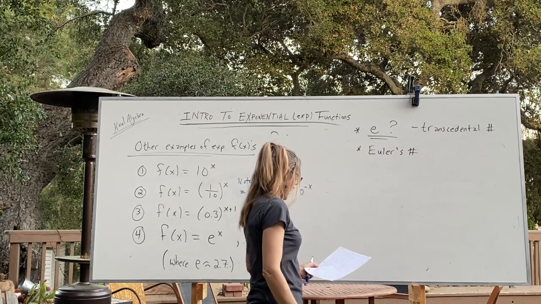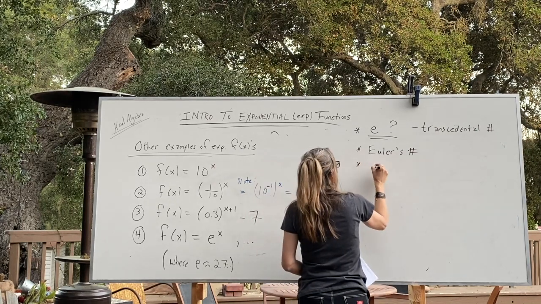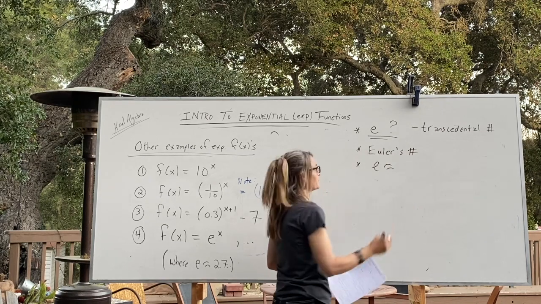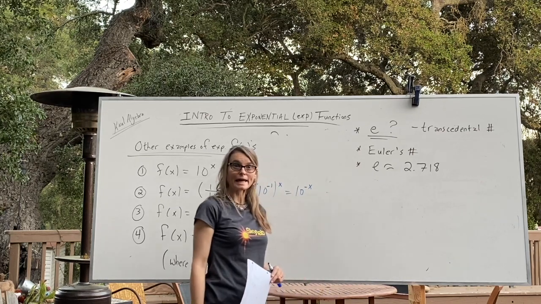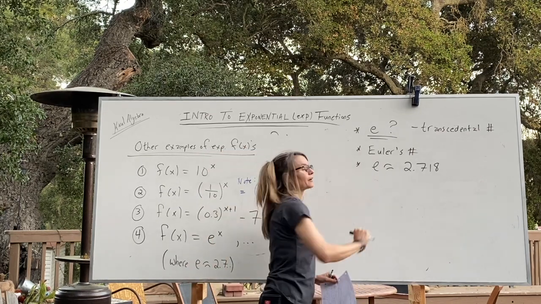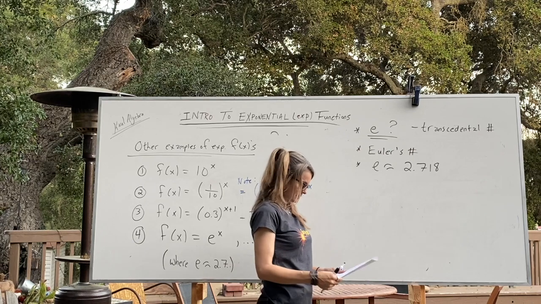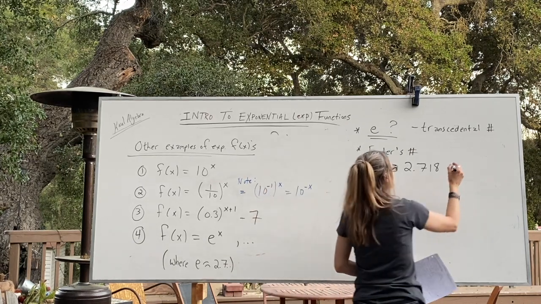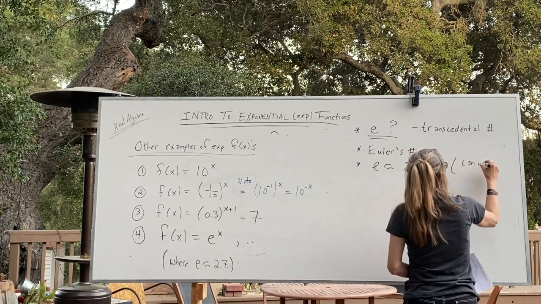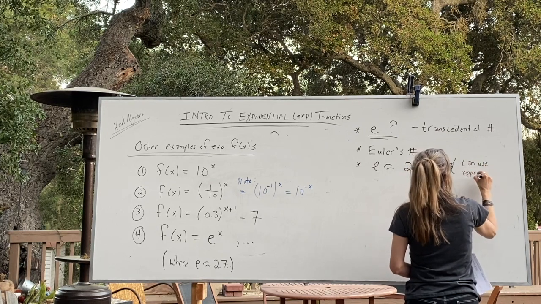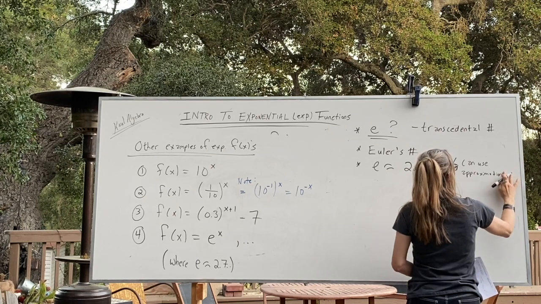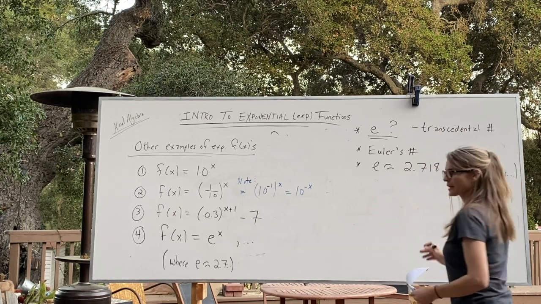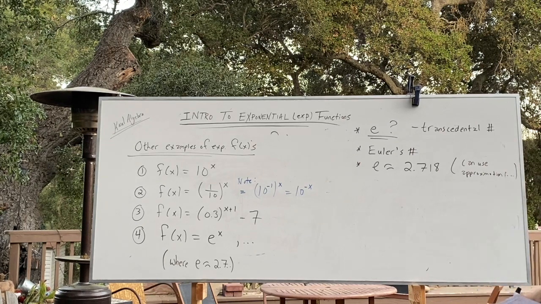Okay, and e is approximately, I'll give you a better approximation, 2.718. Most calculators have the value of e stored in them, and you just pull it up. So you can use the approximation if you need to, but you can get that exact value stored in your calculator.